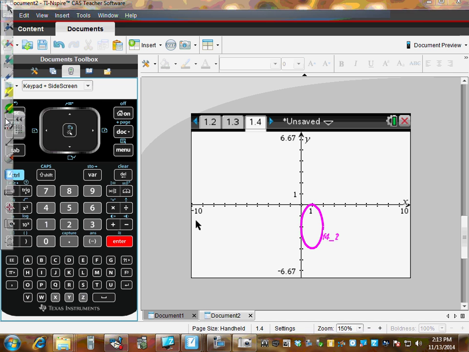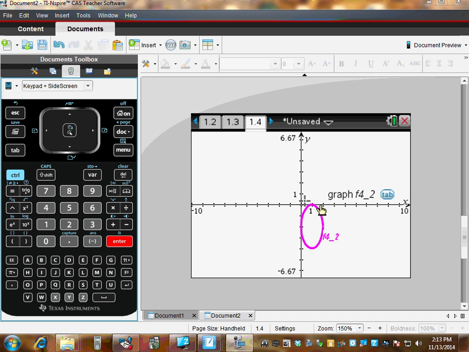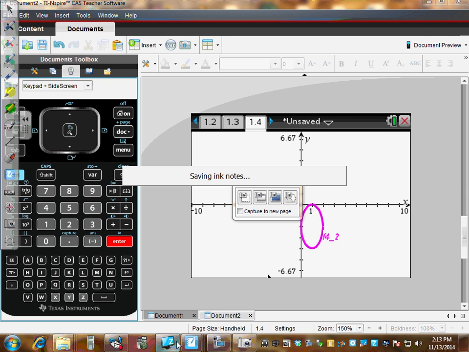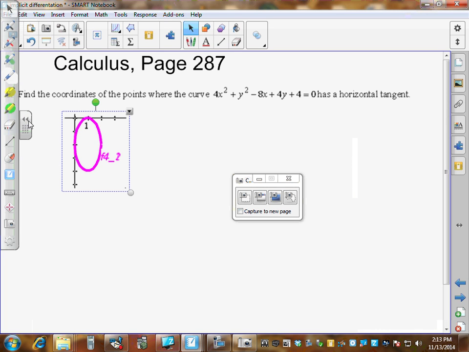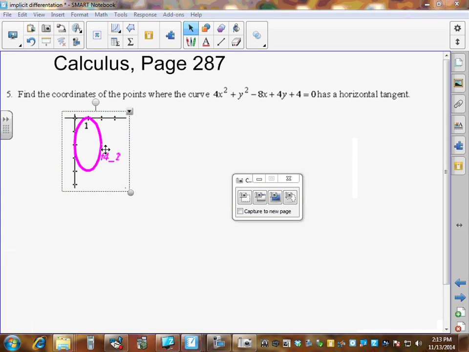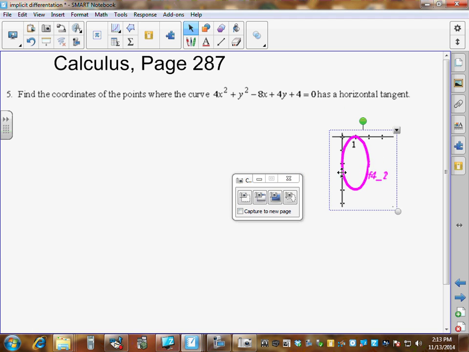I'm going to copy this back to our page so that we can work on it. So this is what it's going to look like. I want to know where it'll have a horizontal tangent.